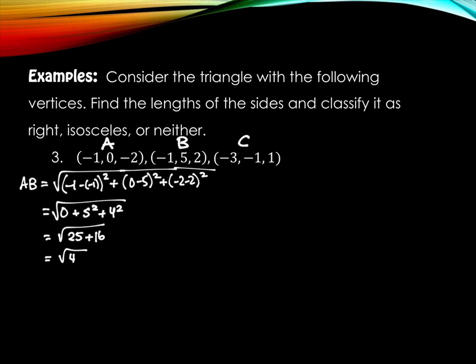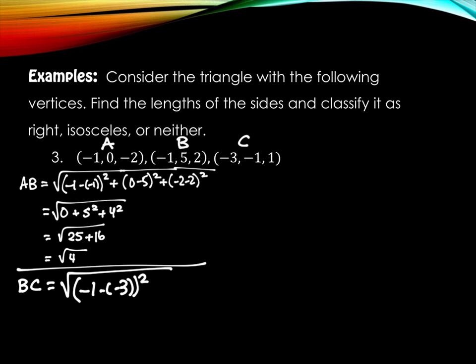Okay, let's just do BC. So BC, I have the first one, or the x value, so -1 minus -3 squared plus, I have 5 minus -1 squared, and I have 2 minus 1 squared.